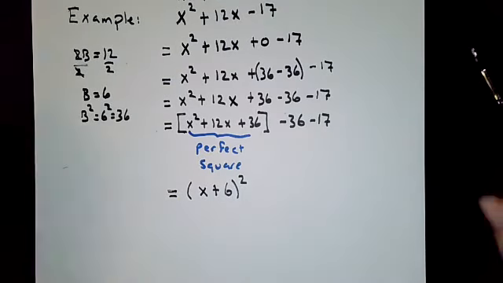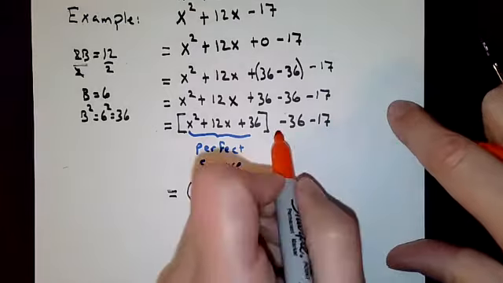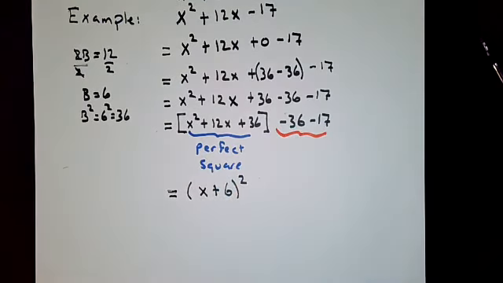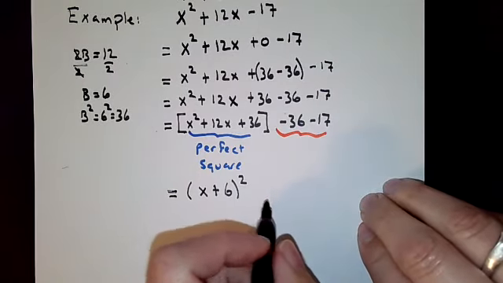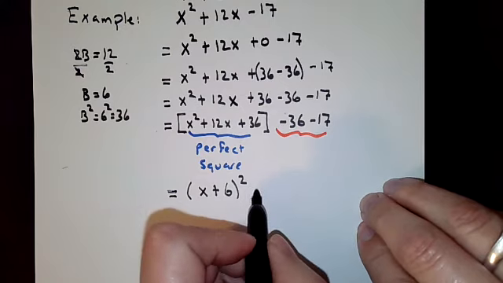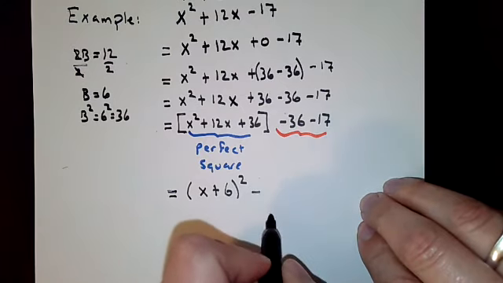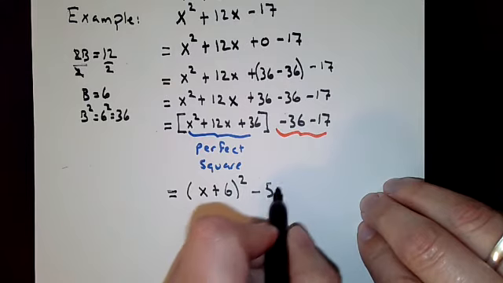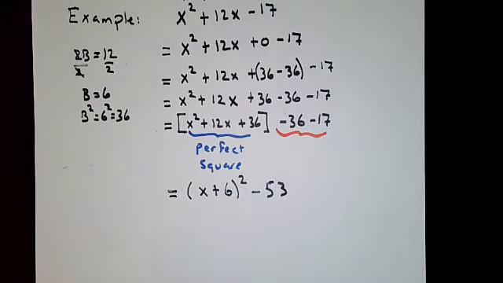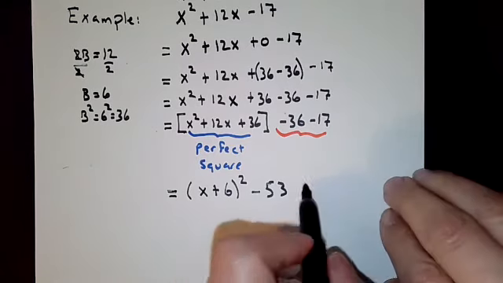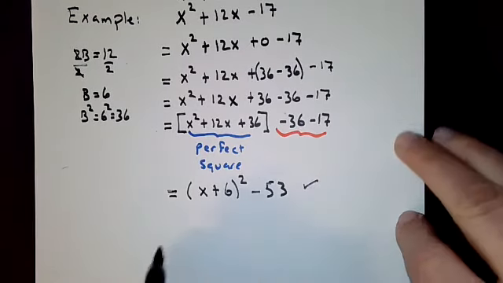And the two constant terms on the outside, we just combine those together. So negative 36 minus 17 is negative, what, 53? Hope I did that in my head correctly. And this is the completed square form.